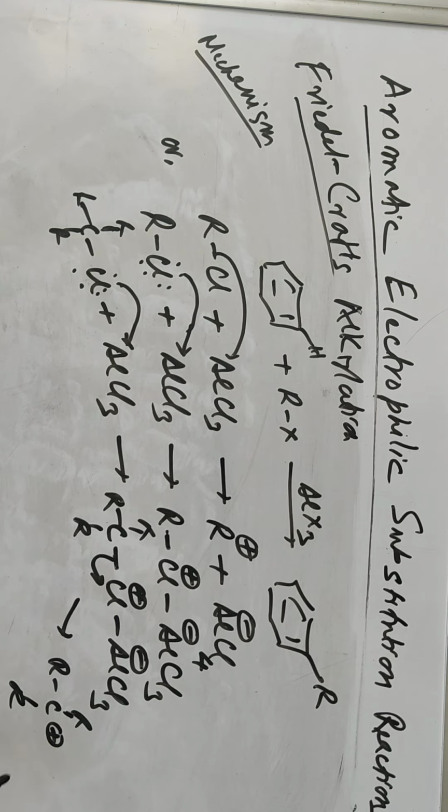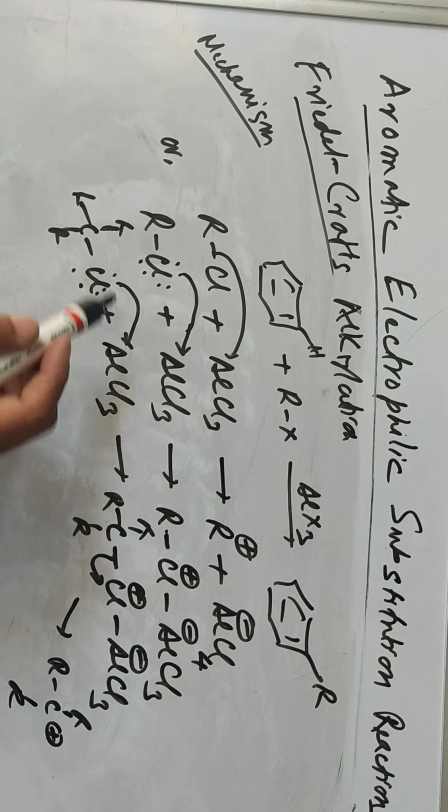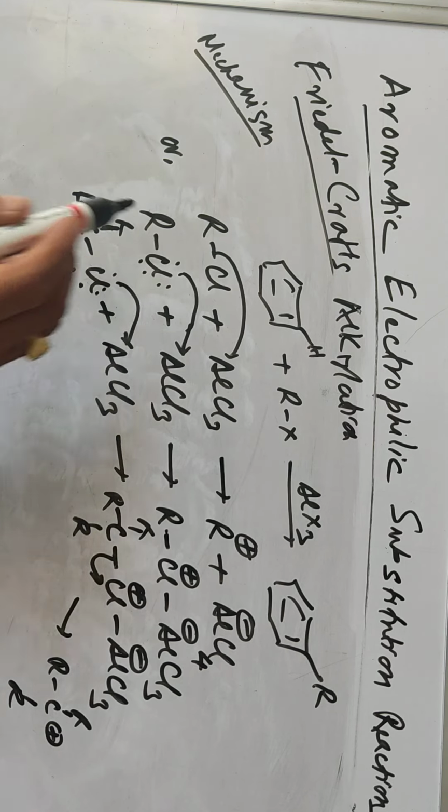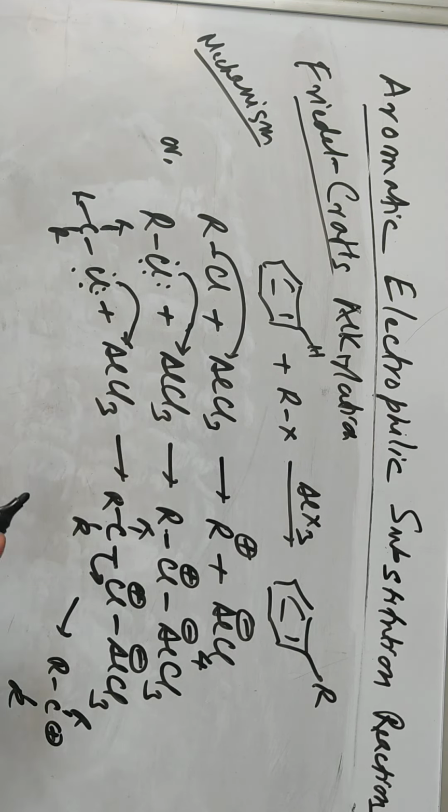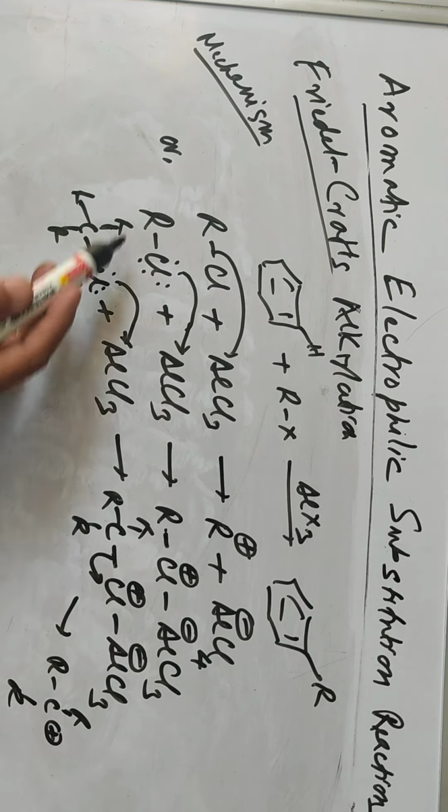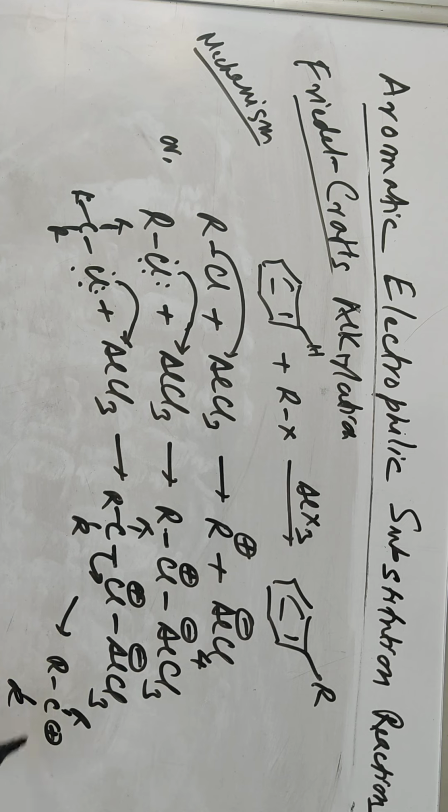It is a tertiary carbocation, so it is another possible mechanism. It depends on R. If R is very small, like ethyl or methyl, then you can have the first one. If R is a bulky group, then you can have this carbocation. So there are two possibilities.